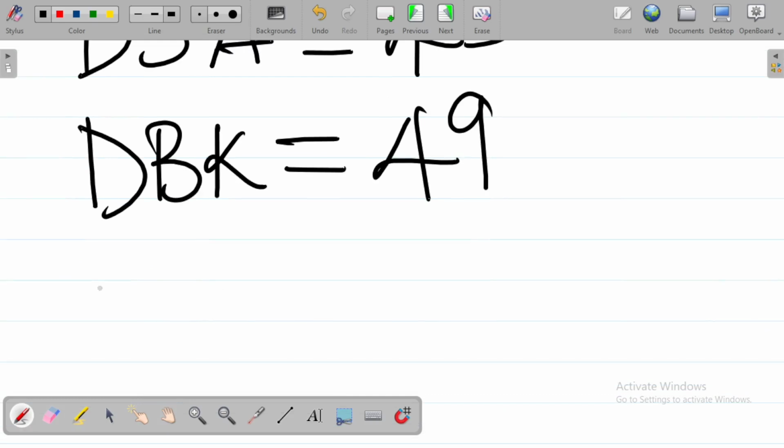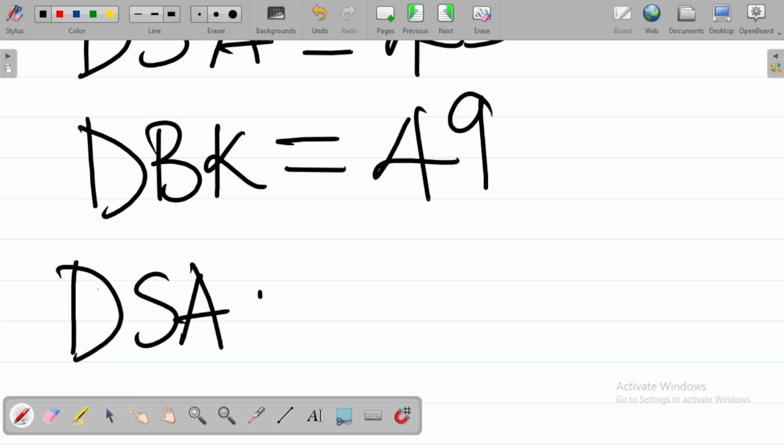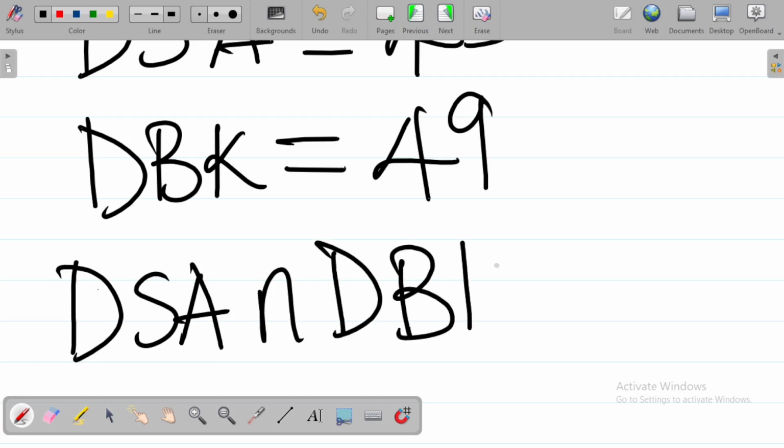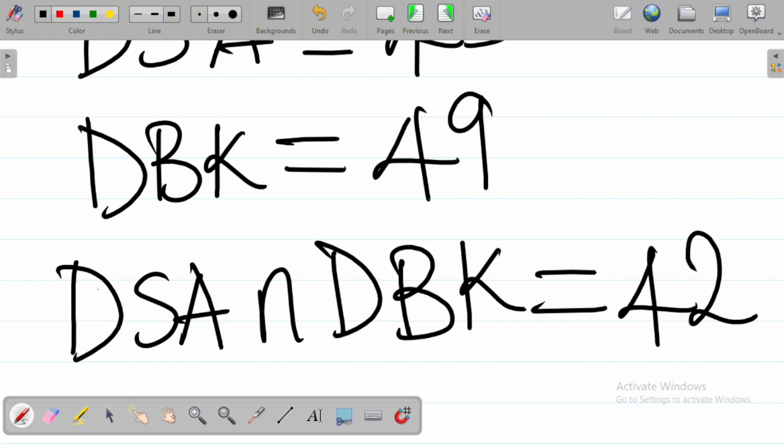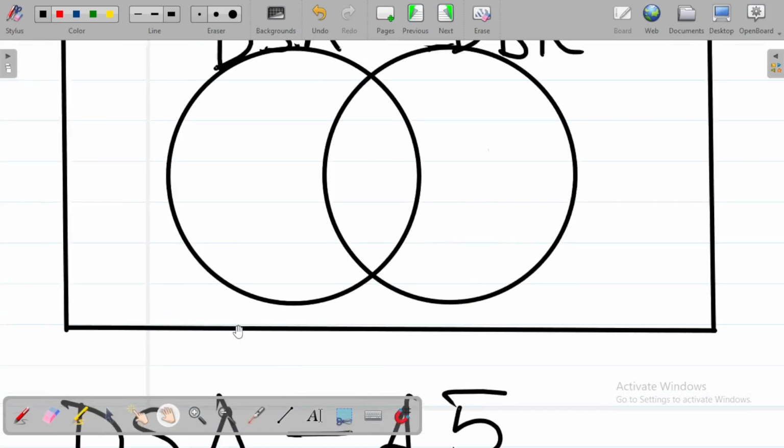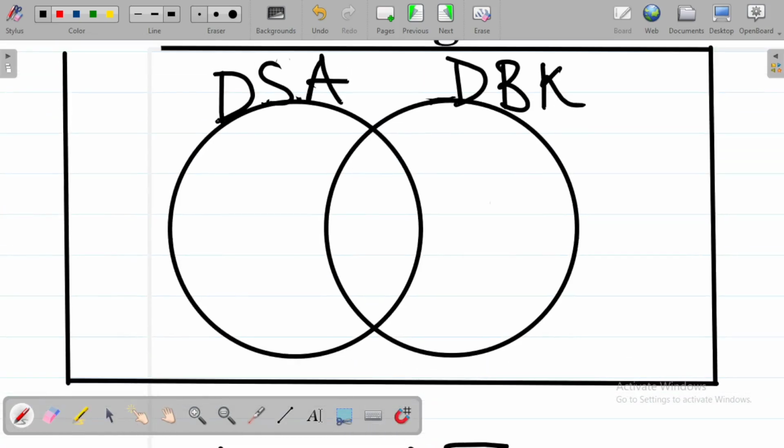And then the number of voters that believe David has been killed and David is still alive, which is DSA intersects DBK, is equal to 42. So DSA intersects DBK is equal to 42.